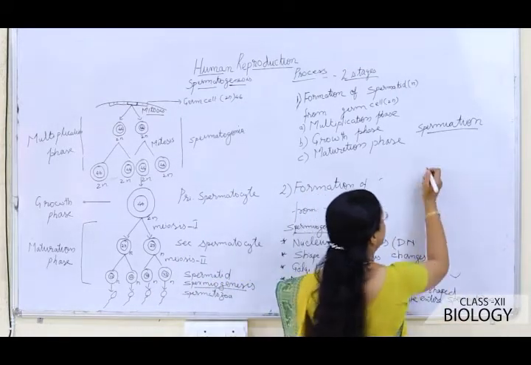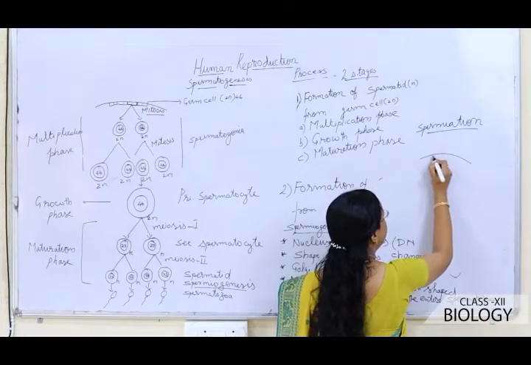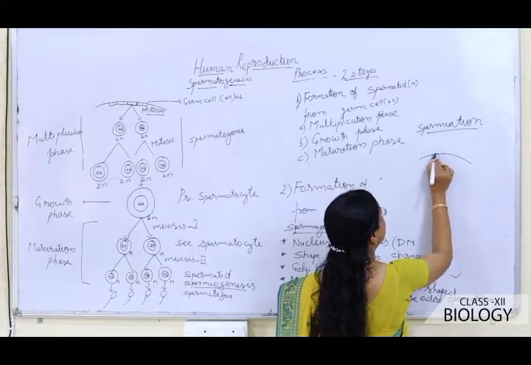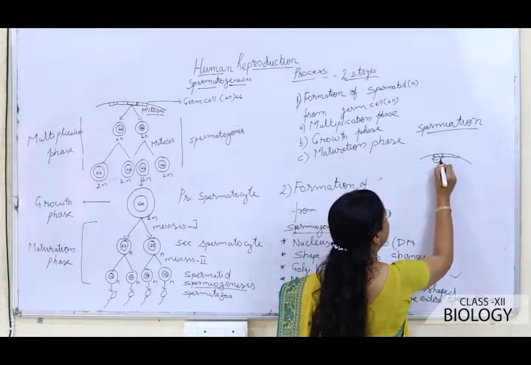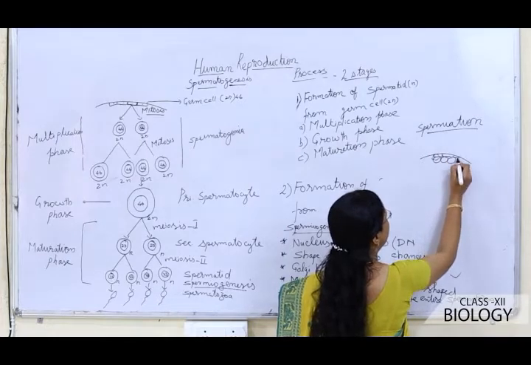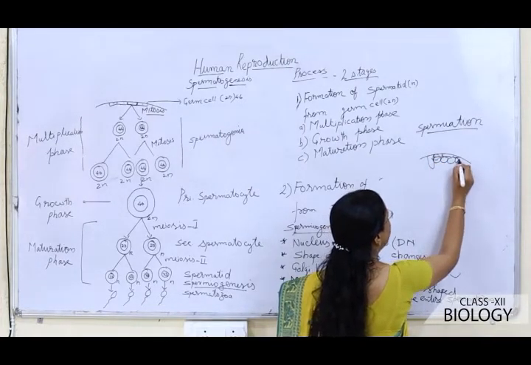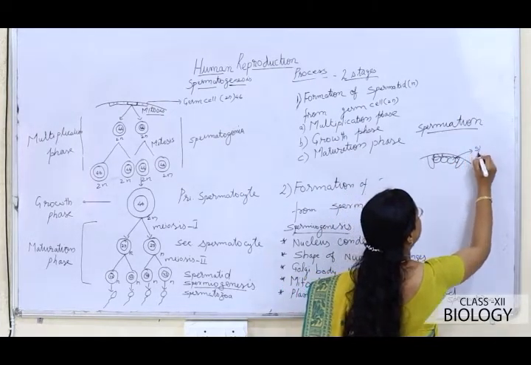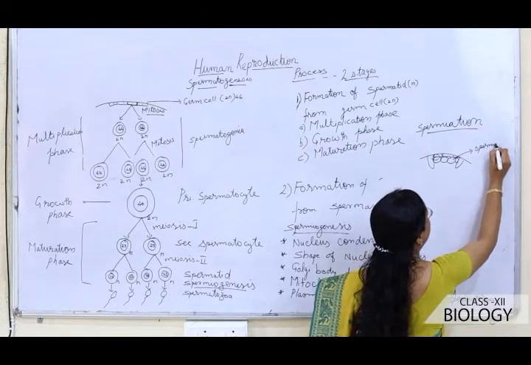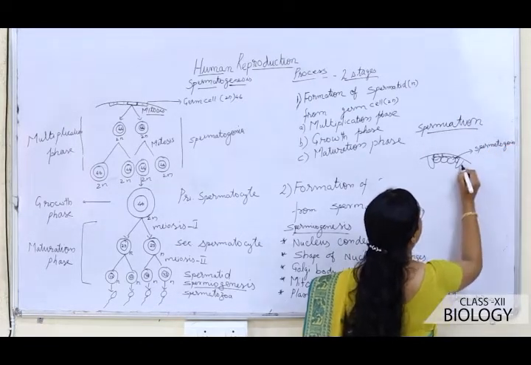Suppose this is the seminiferous tubule, okay, and you can see here the germinal epithelium. After that you can see here spermatogonial cells. Here you can see a pyramidal shaped structure. This is the spermatogonia.